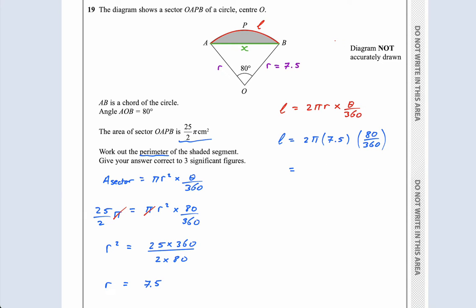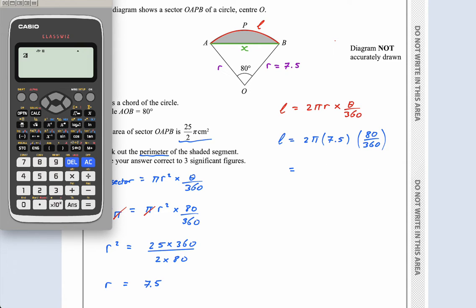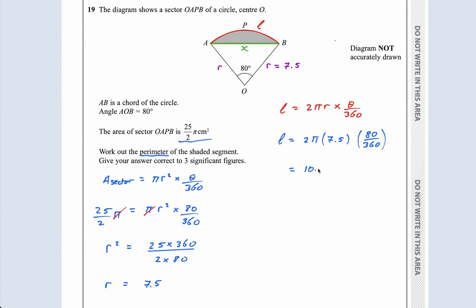And this I can put straight into my calculator. 2 times pi, times 7.5, times 80 over 360 gives me 10 over 3 pi, or 10.472. Let's go with that. 10.472. That's L.